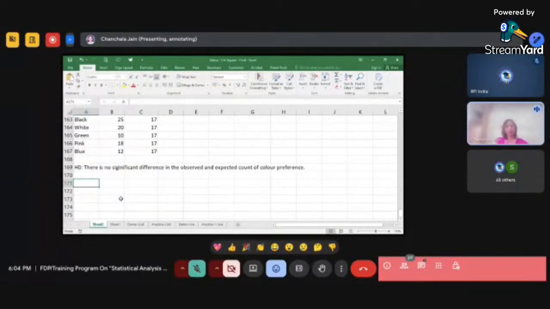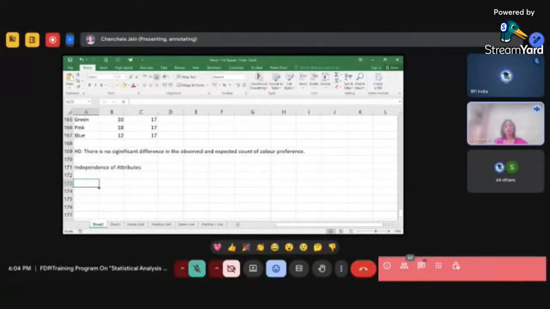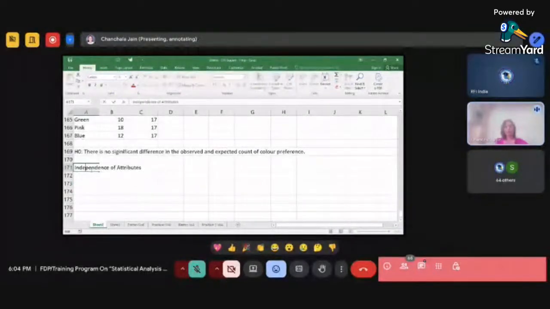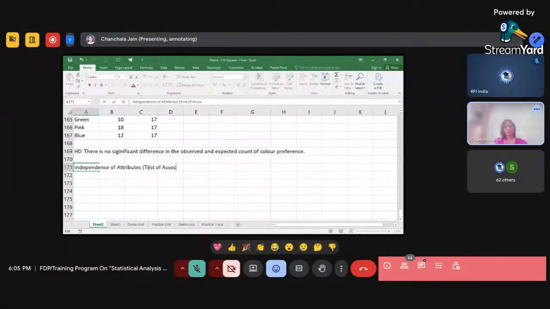Now we will move to independence of attributes. Independence of attributes is the second type of chi-square test, and its other name is test of association.